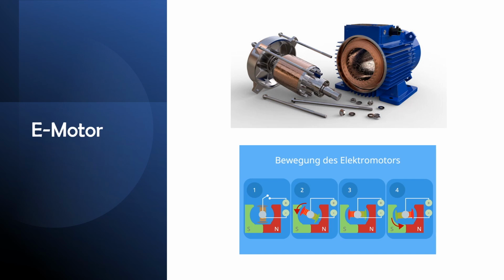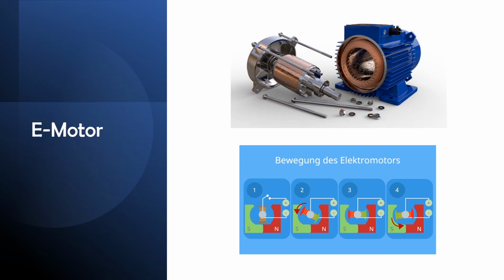So coming now to the workings of an electric motor. At first, the rotor is unaffected and in a vertical position. No current flows through the coil, and therefore the rotor does not yet possess a magnetic field. When you apply an electric voltage, the coil generates a magnetic field, and the iron core, the rotor, becomes an electromagnet with a north and south pole.